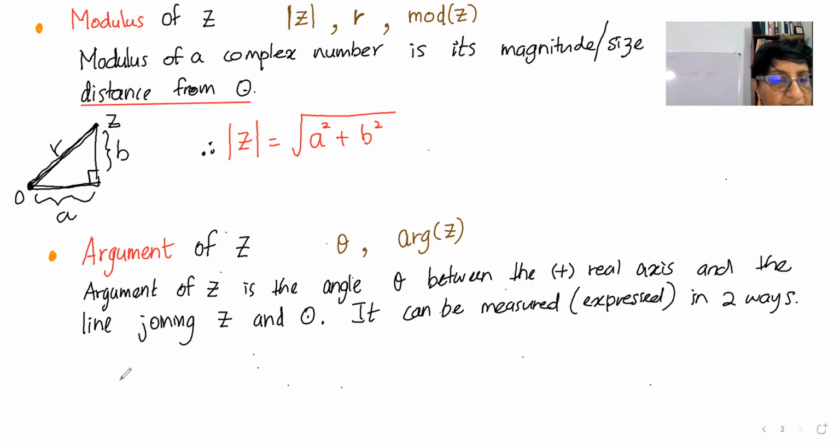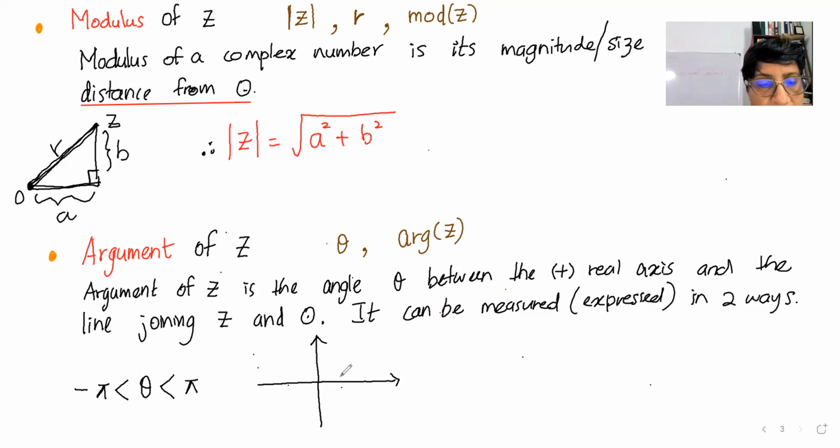You can give theta as an angle from minus pi to plus pi. Let me first write it and then I will explain. If I give a small diagram, that means if you have your line like that, you measure it this way up to here, or you go the other direction.